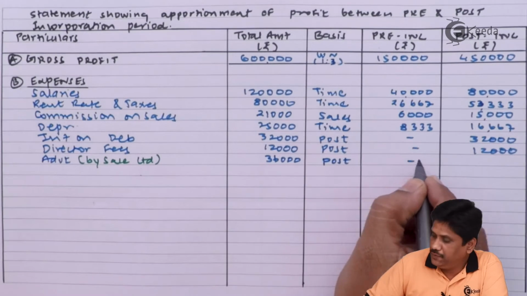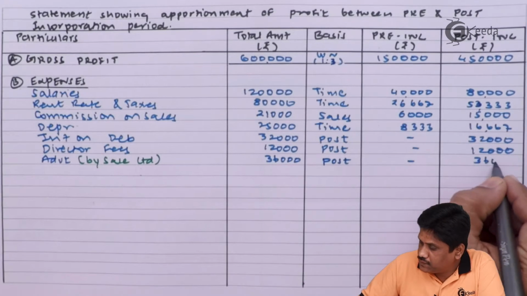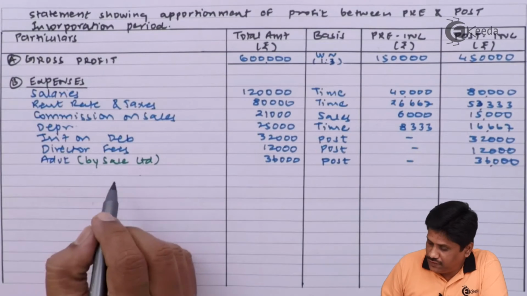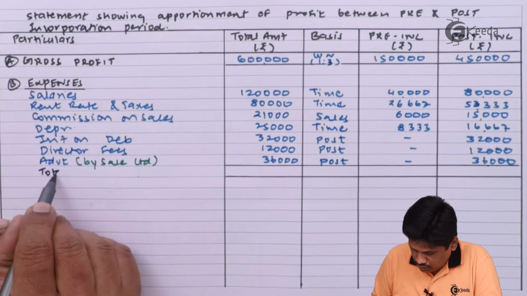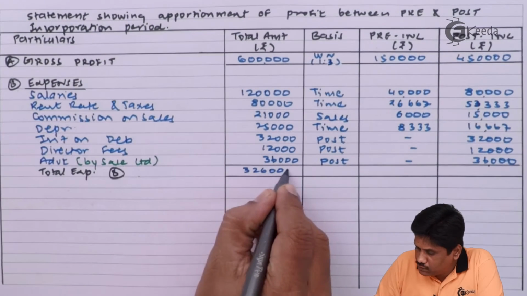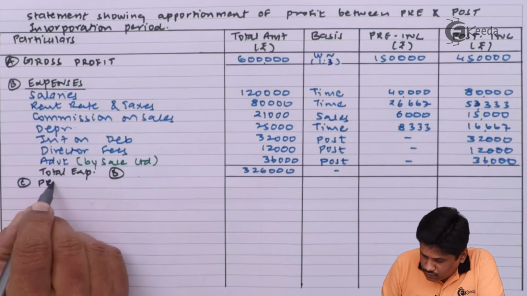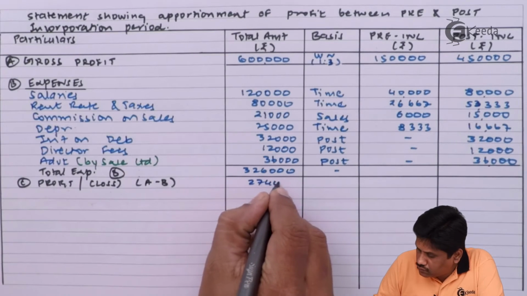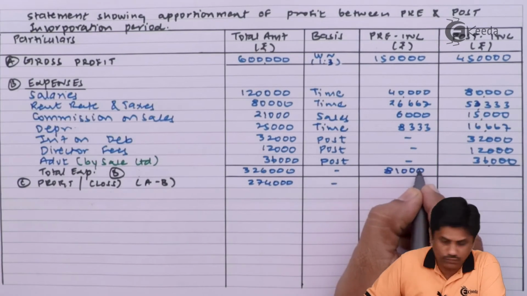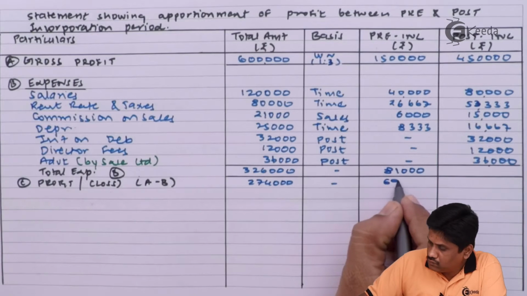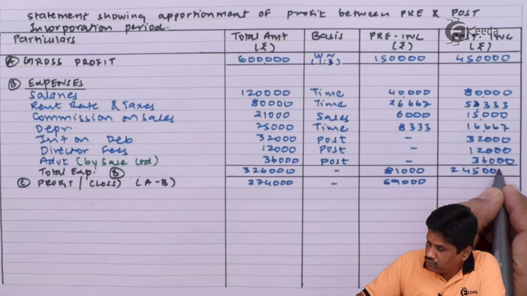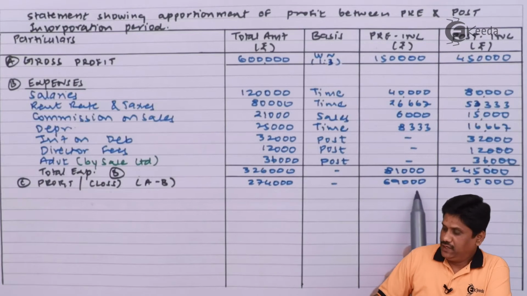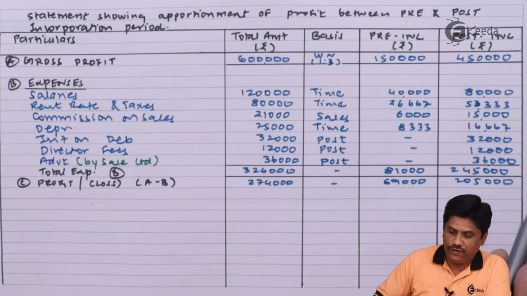So this also will be taken in post, 36,000. In this way we have allocated our expenses. Now I need to take a total of the expenses. So your pre-incorporation profit is 69,000, post-incorporation profit is 2,05,000.